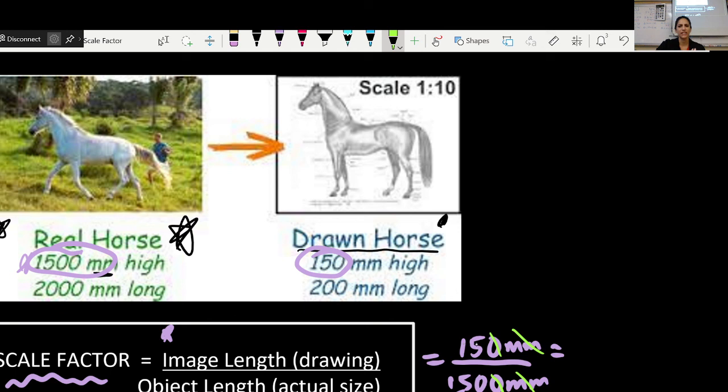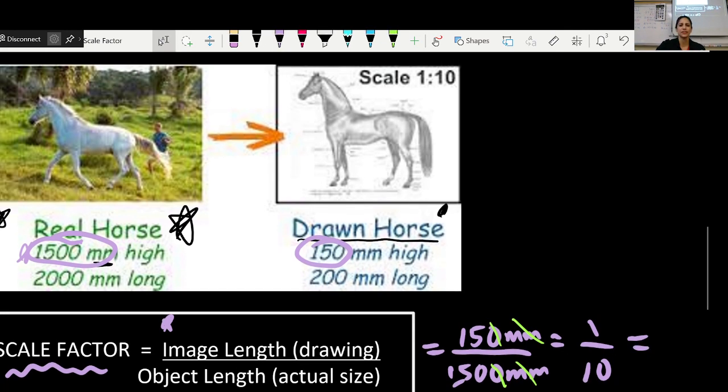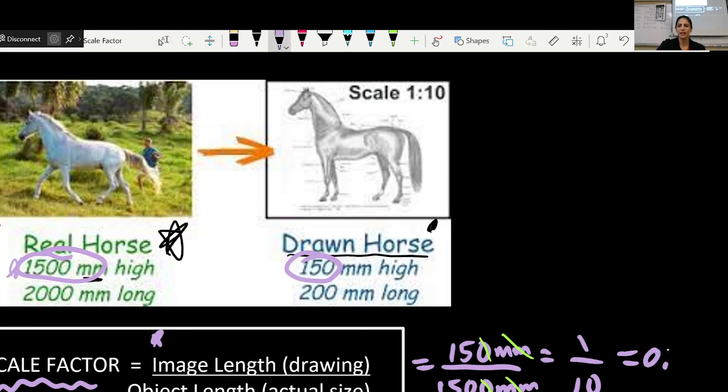Can we simplify this? 150 over 1500. What is that the same thing as when we simplify it? Well, does 15 go into 15? Yep, so we get a 1. And how many times does 15 go into 150? 10. So we could give this scale factor as 1 over 10. Or what is that the same thing as a decimal? Yeah, this is also the same thing as 0.1. Good? That was easy. Good?